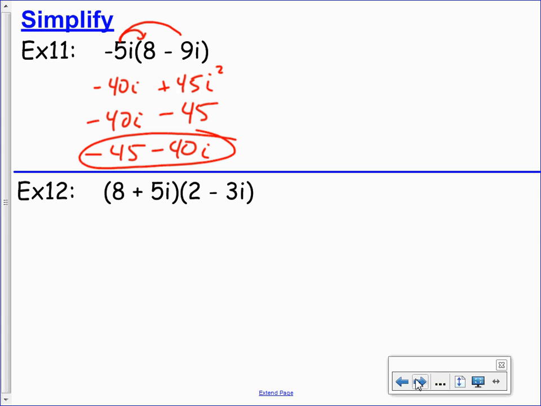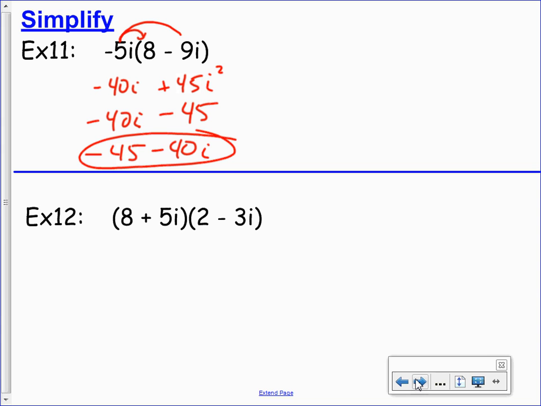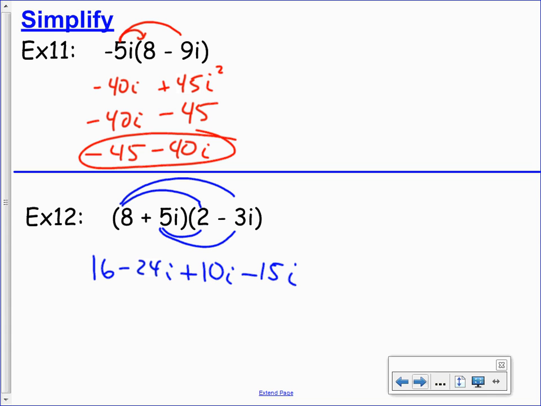Let's try the next one. Here we go. 8 times 2 is 16. Minus 24i. Plus 10i minus 15 I squared.